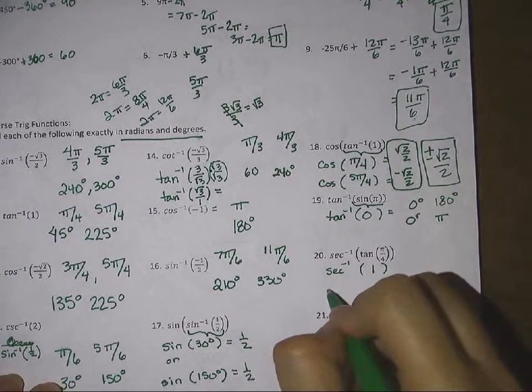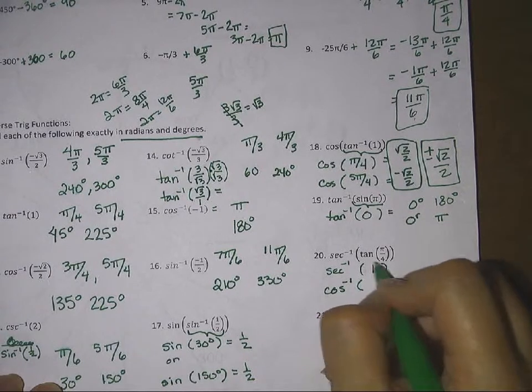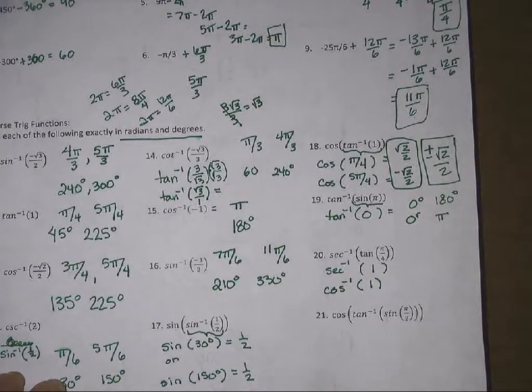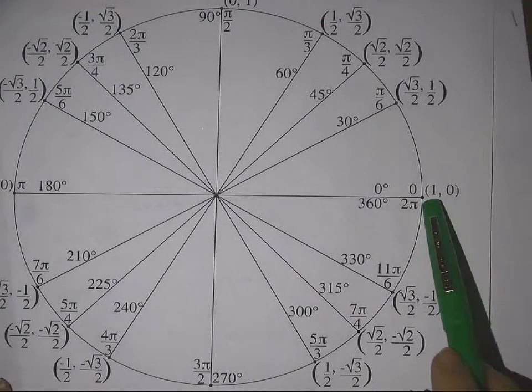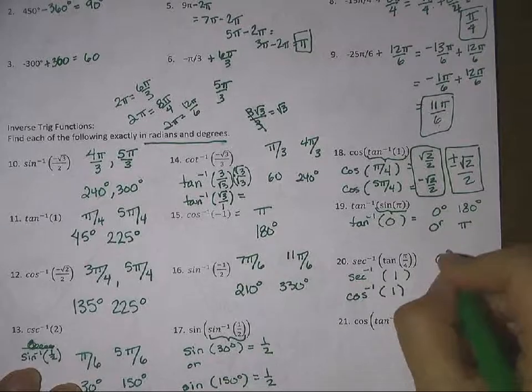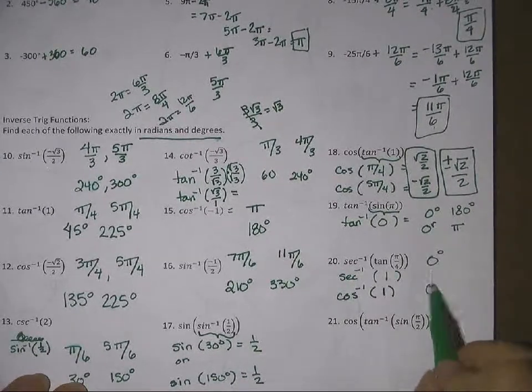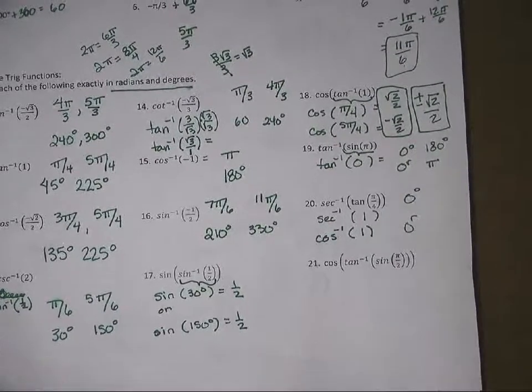Well, the secant is the inverse of the cosine, and the inverse of 1 is still 1. So this is going to be the same place where the cosine is 1. Well, where's the cosine 1? This actually only happens one place, right here, at 0. 0 degrees, 0 radians.